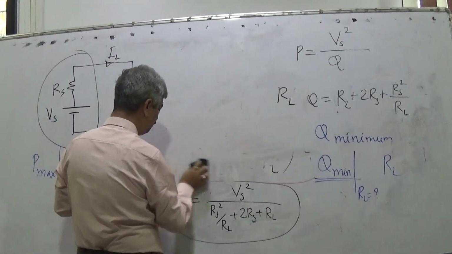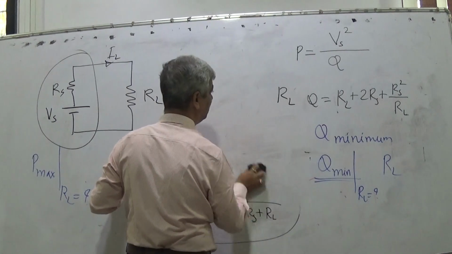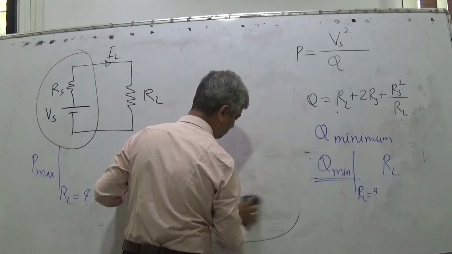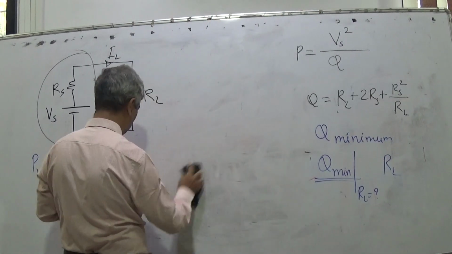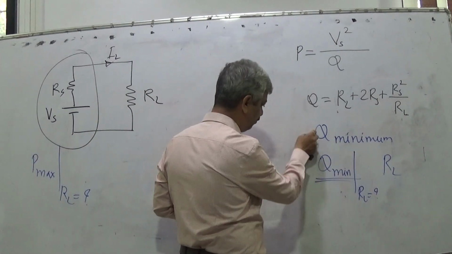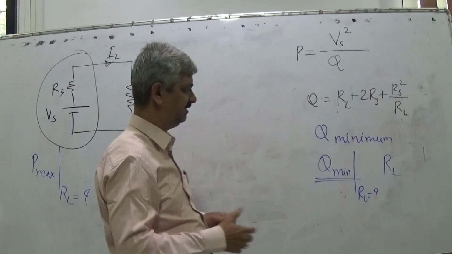So what we have to do is differentiate the expression for Q with respect to RL, and after differentiating, we have to equate it to 0. Then it will be either maximum or minimum. What it would be, we can find out.